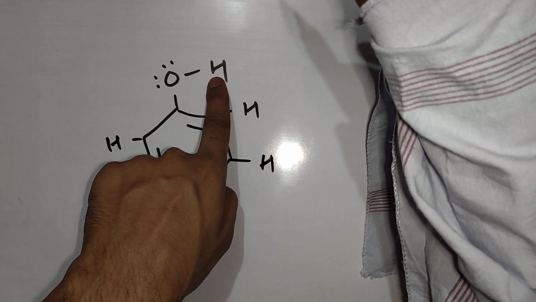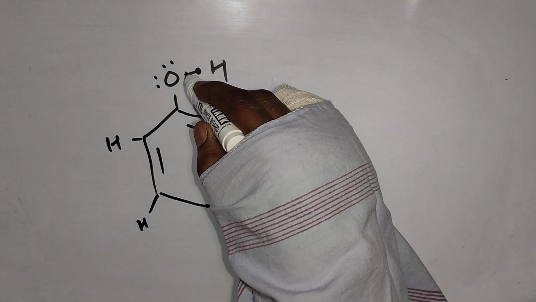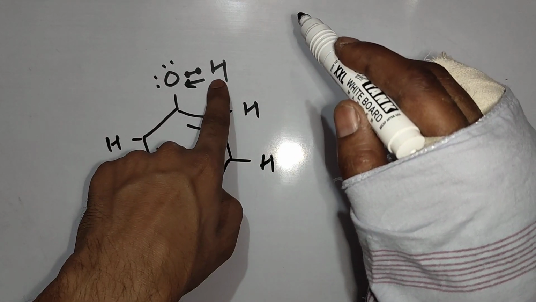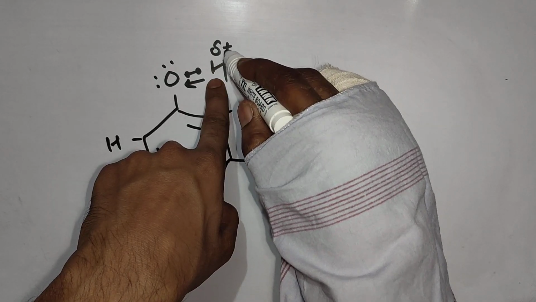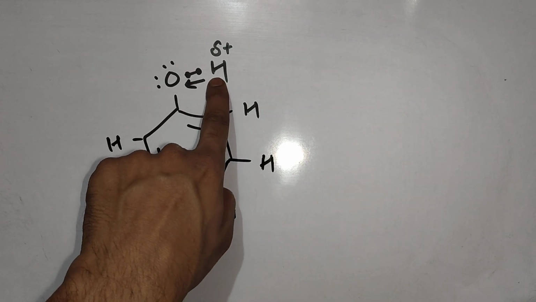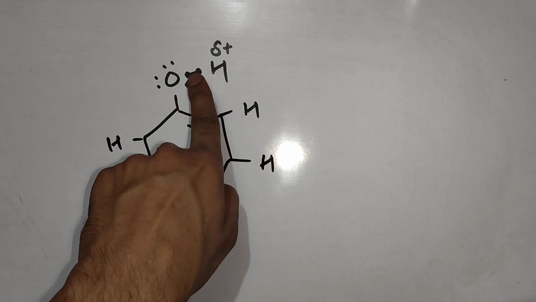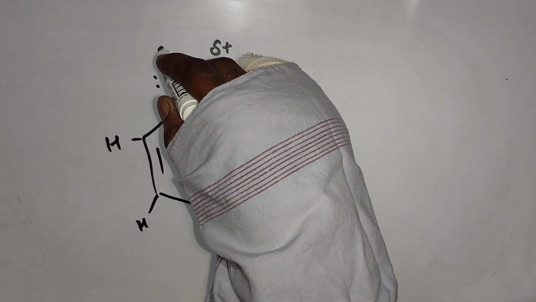First, this hydrogen. This hydrogen is connected with oxygen, and oxygen is more electronegative than hydrogen. So these electrons are more toward the oxygen side. Now hydrogen is losing its electron, so partial positive charge is there. Positive charge means this hydrogen has a shortage of electron, means it can work as an electrophile. Whereas oxygen is getting extra electron of hydrogen, so partial negative charge will come on it.